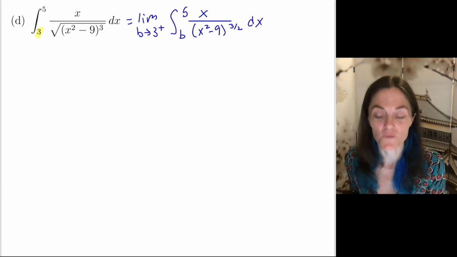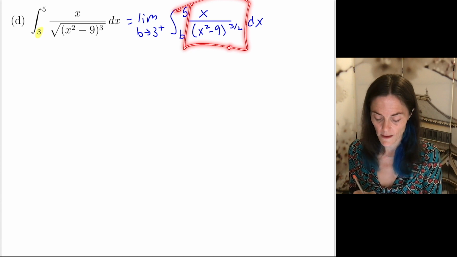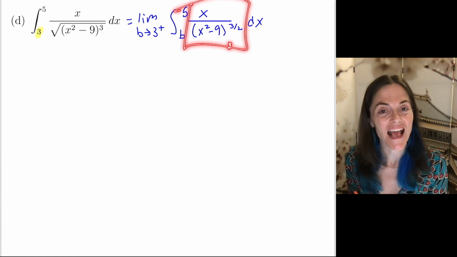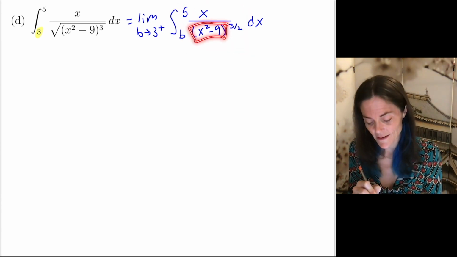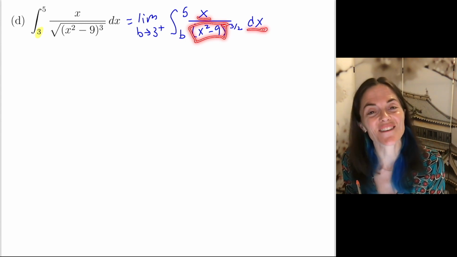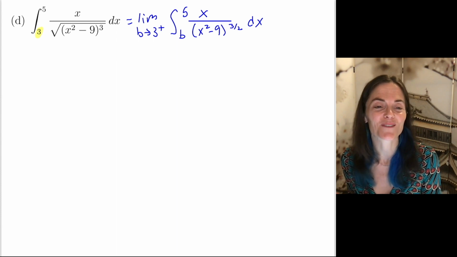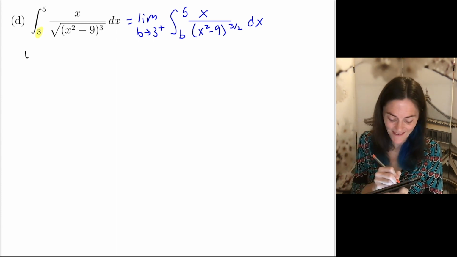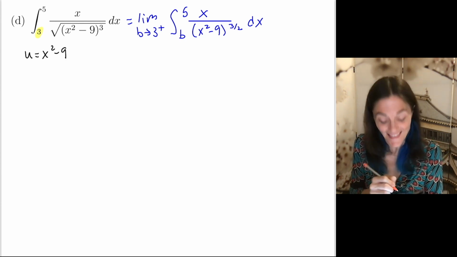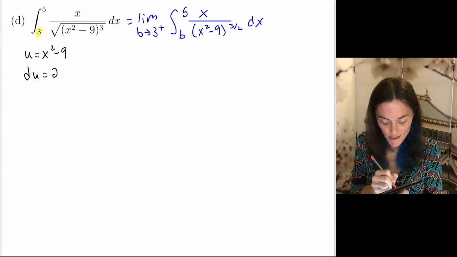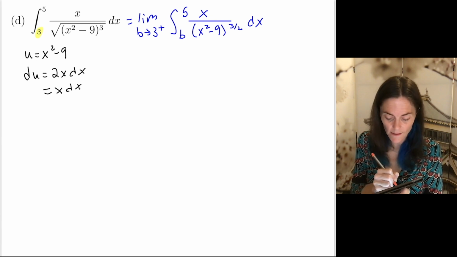So if we look at this function here, this is without a doubt substitution because we see an inside function and we see a multiple of its derivative in the integrand. So let us write the work. Just like the last problem, we'll write the steps for substitution. u is x squared minus 9, and then du is 2x dx. Now we have x dx handed to us.